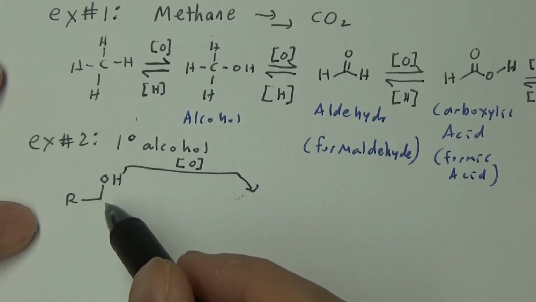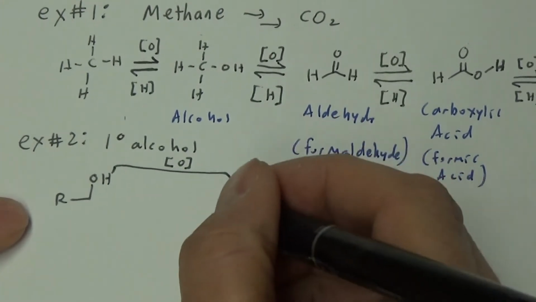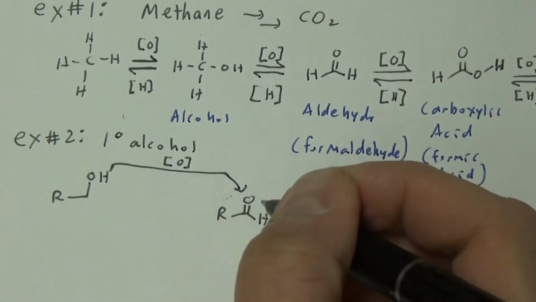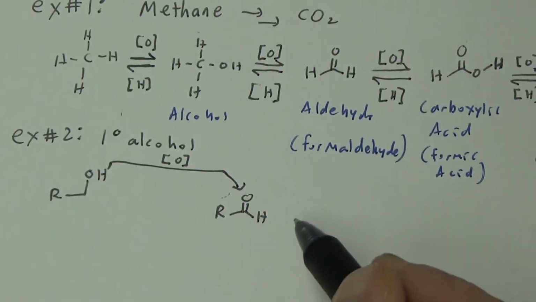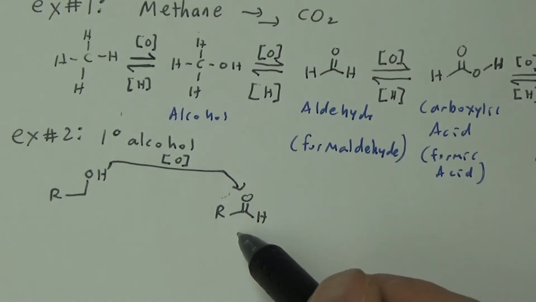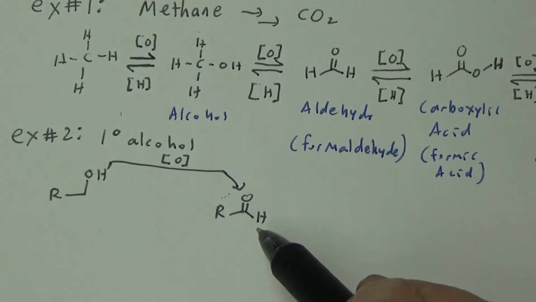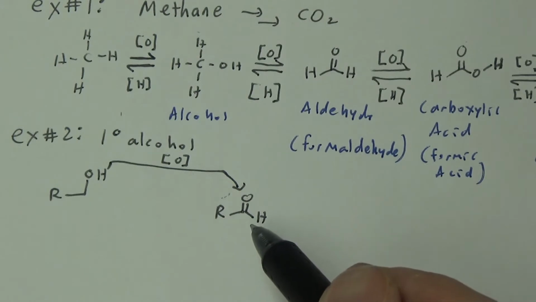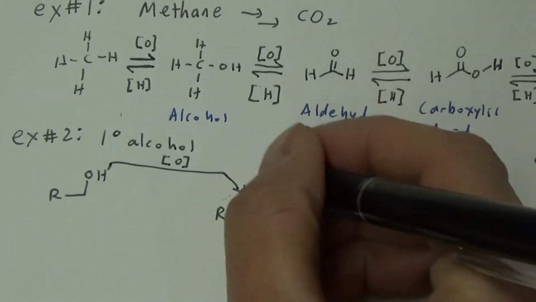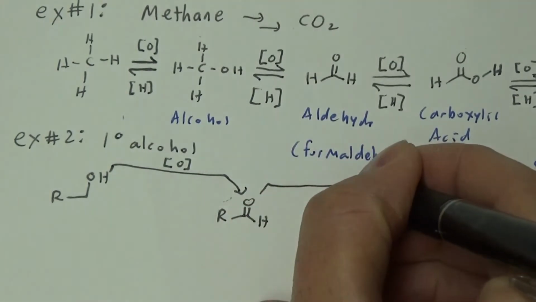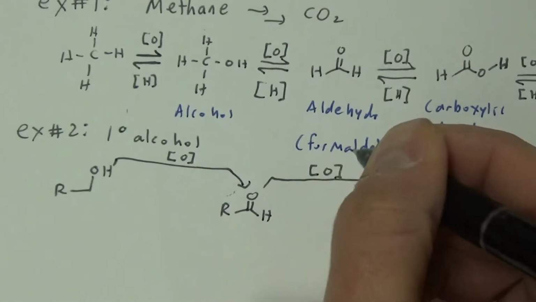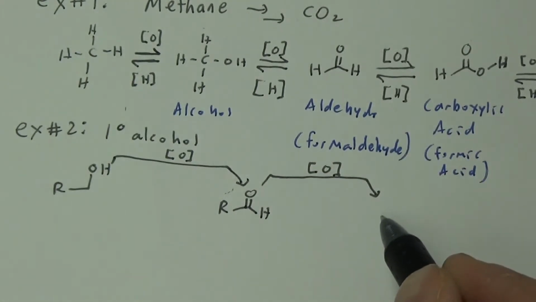If I have 1 bond to oxygen, what do I have if I have 2 bonds to oxygen? And what's the name of the functional group? It's one of your functional group names that you've long forgotten. It's called an aldehyde, right? So that's an aldehyde. Can we take that aldehyde and oxidize it to something higher? The answer is yes.